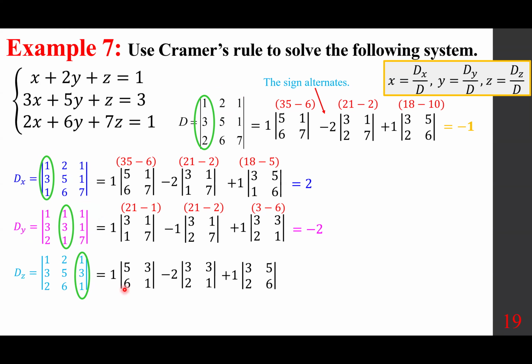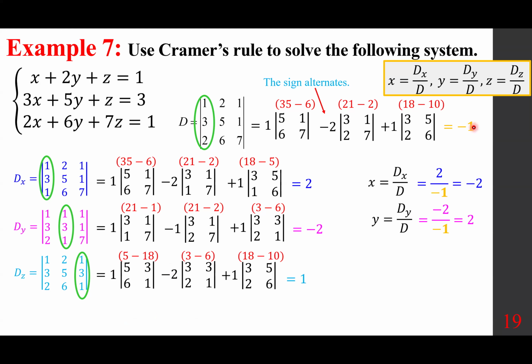So 5 minus 18, 3 minus 6, 18 minus 10. Apply the 1, -2, and 1, add them up. And now x is this one divided by this one. Y is this one divided by this one.